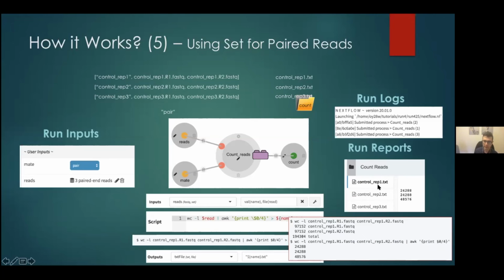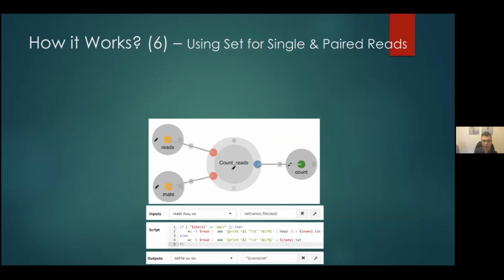So how can we deal with these instances? We need to define a conditional script. Let's check another example. Over here, I just changed the script section. I inserted a condition like this.